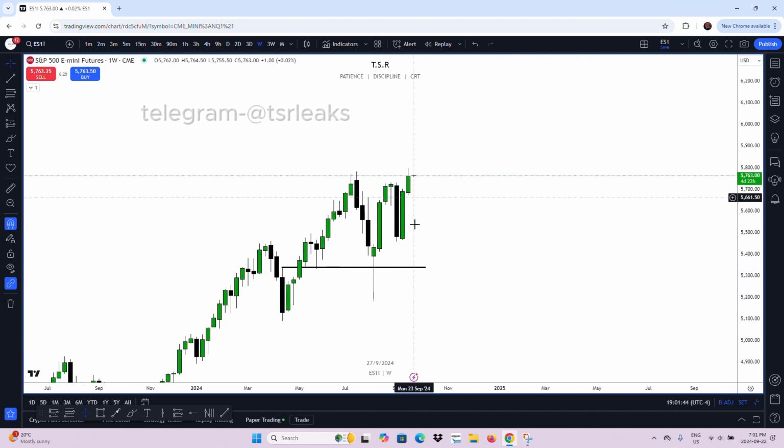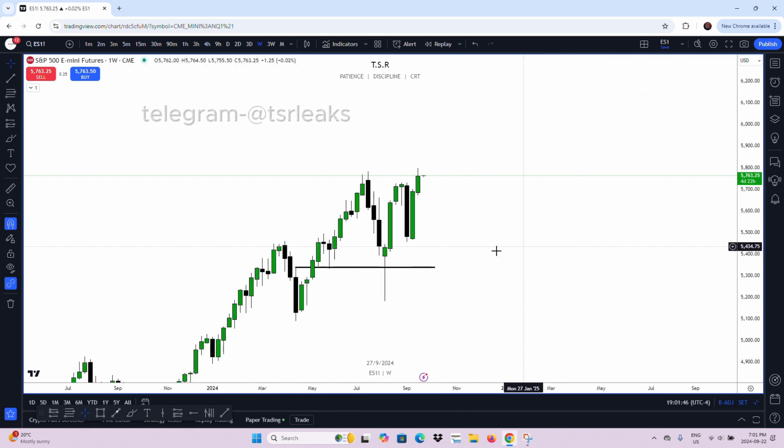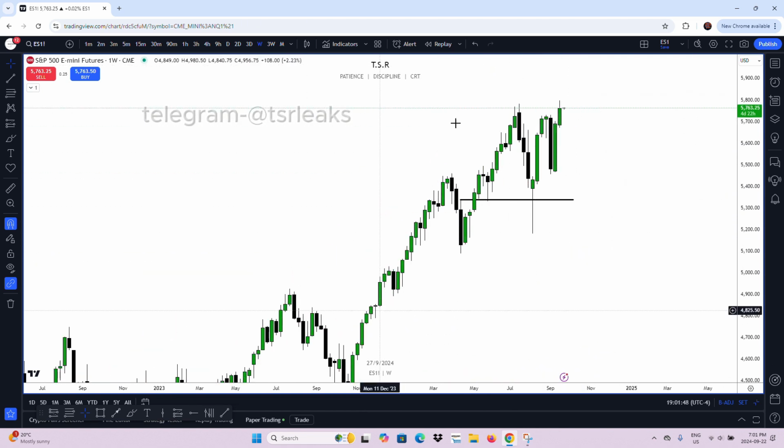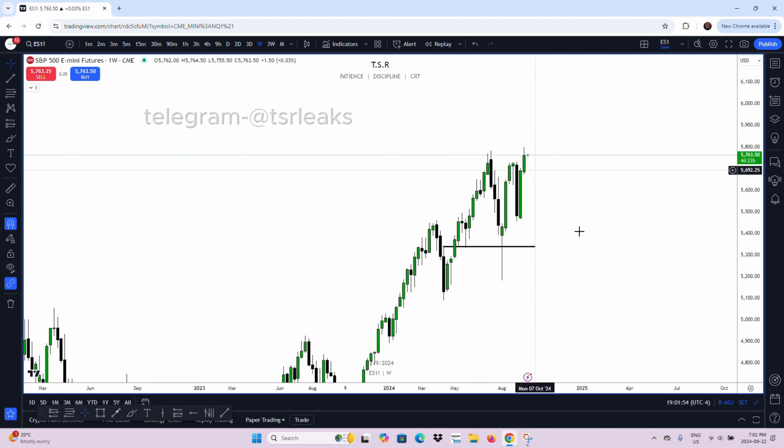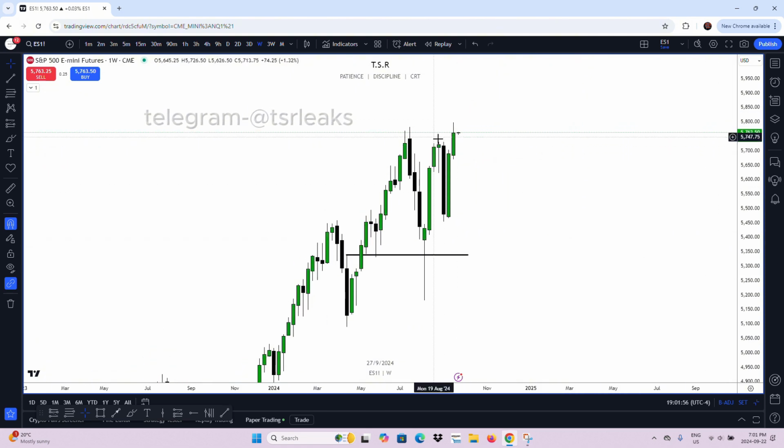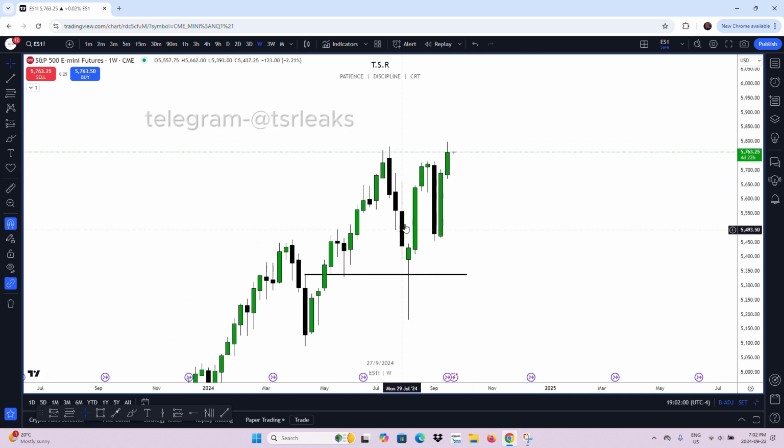So we refined the key level here. Now we're going to take a look at the profiles on the weekly time frame. Price is breaking higher, retracing, expanding, retracing, and expanding back up. As you can see, we were expanding and we retraced into this fair value gap. What happened here? We filled the fair value gap, generated liquidity within this candle right here, and we engulfed it. What does that mean?